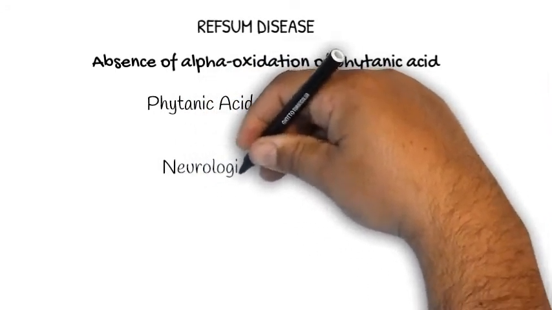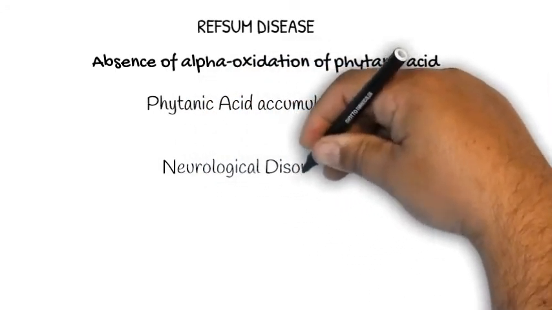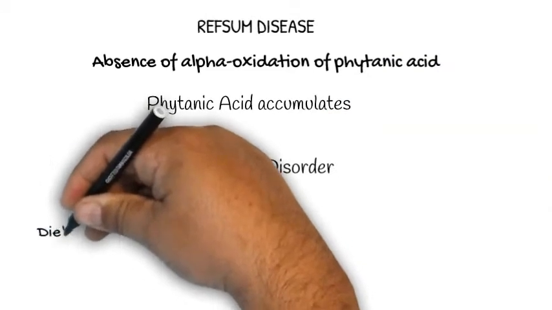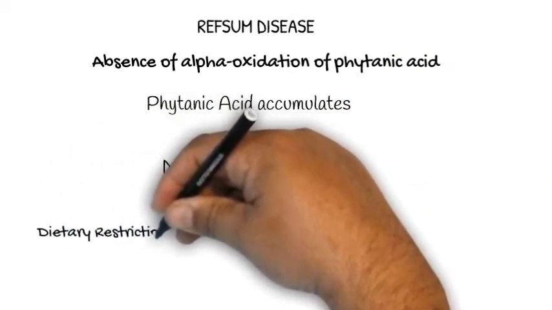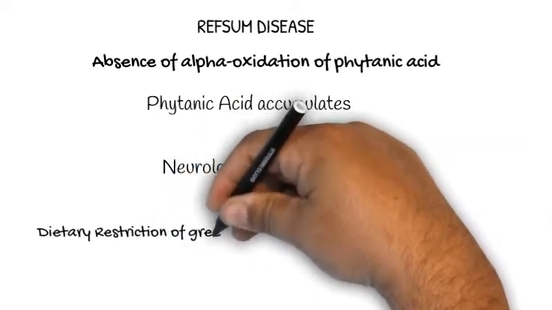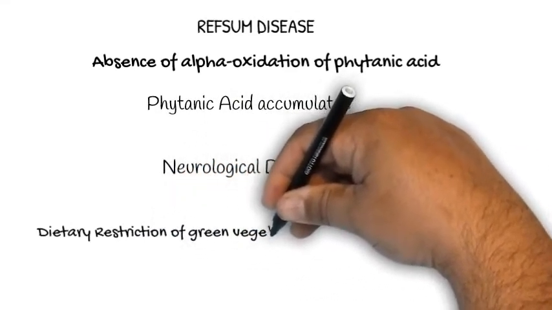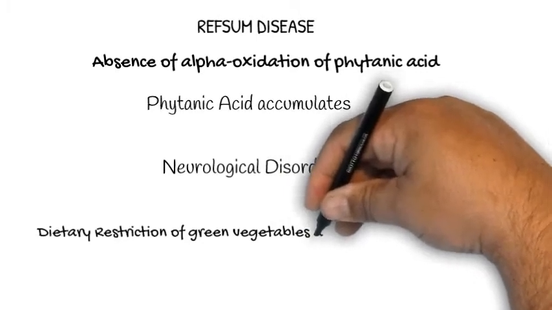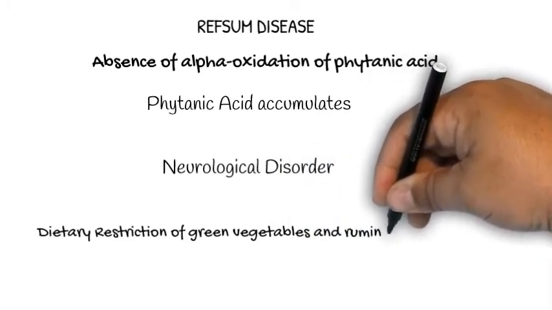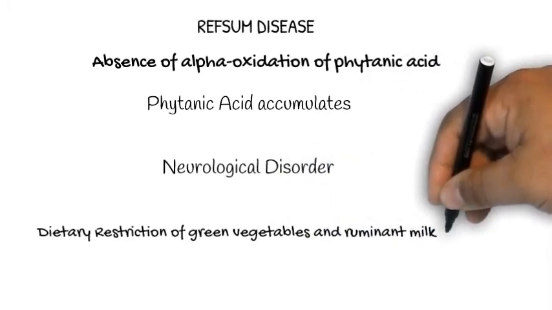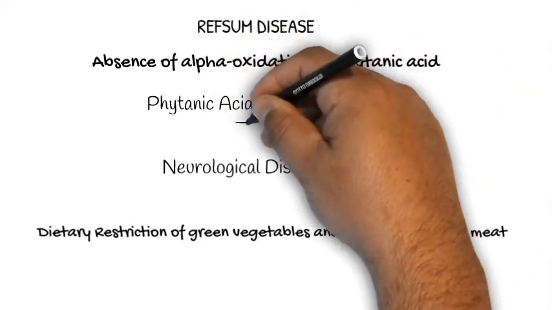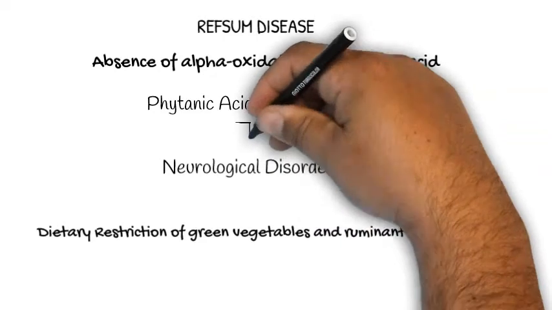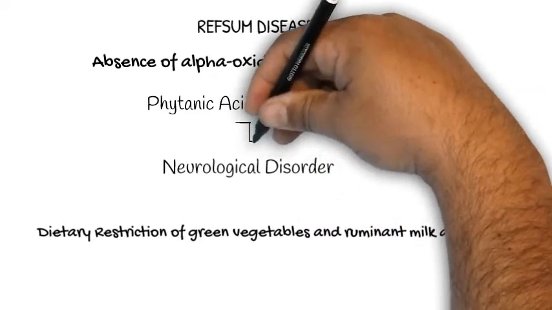And this can lead to a neurological disorder, which we describe as Refsum's disease. And so in these patients, we need to restrict the dietary ingestion of green vegetables, as well as ruminant milk and meat, in order to decrease phytanic acid levels in these individuals.